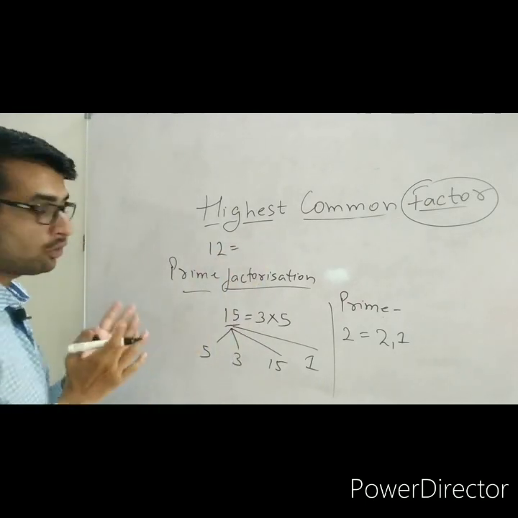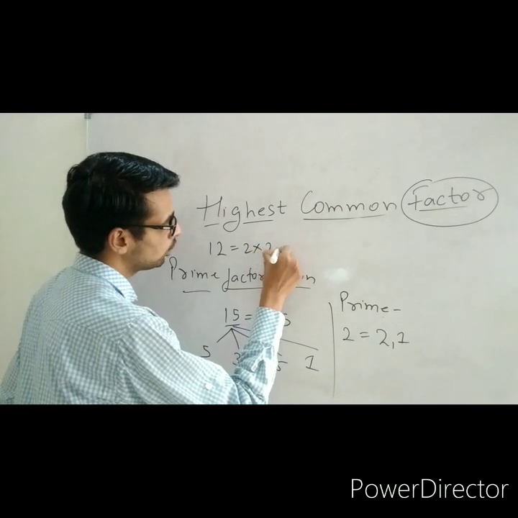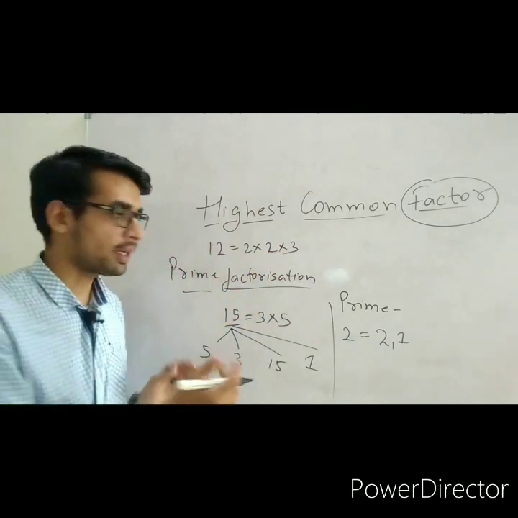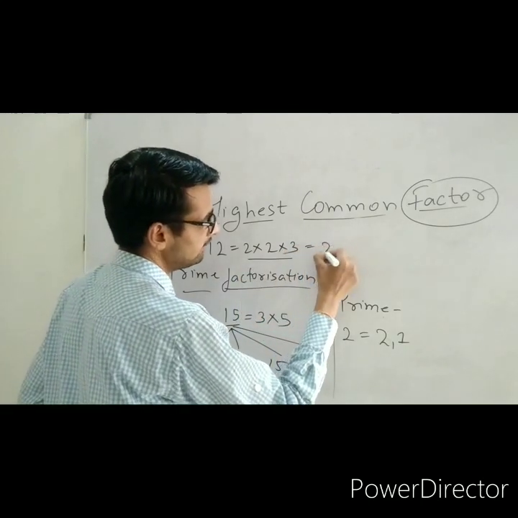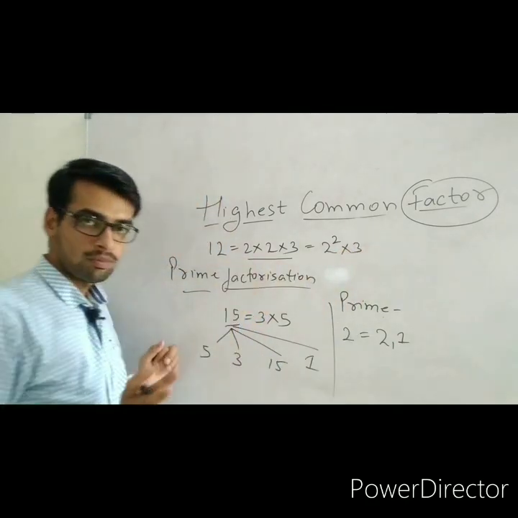We can write 12 as 2 multiply 2 multiply 3, a product of powers of primes. We can write this expression as 2 raised to power 2 into 3.